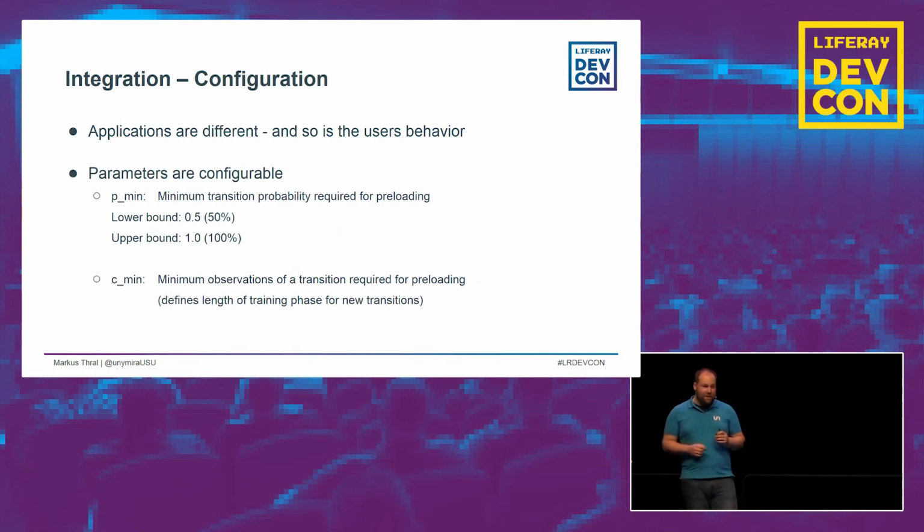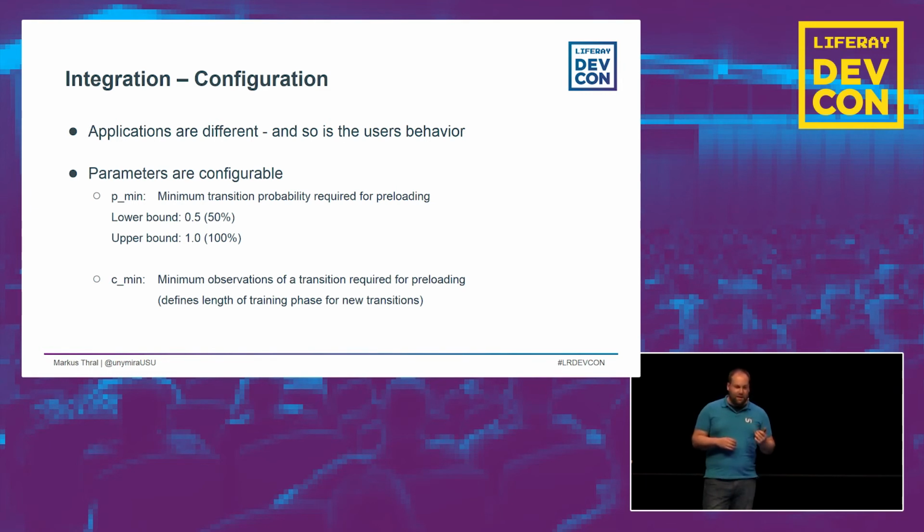But applications are different, and so is the user's behavior. So we have to create parameters to adjust the model a little bit. There are two important parameters which are configurable, and the first one is pmin, which means the minimum transition probability requested for preloading.